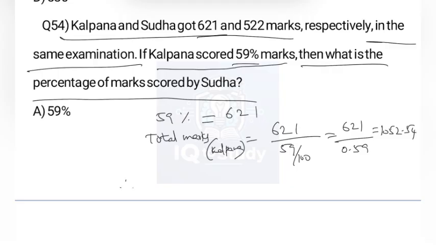Now Sudha's percentage is equal to 522 divided by 1052.54 into 100.